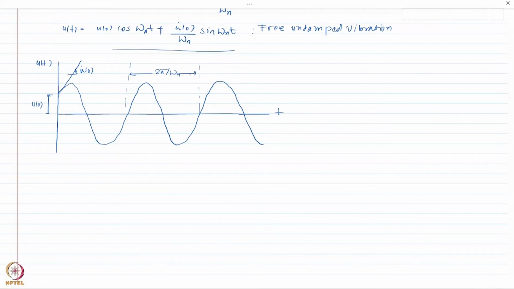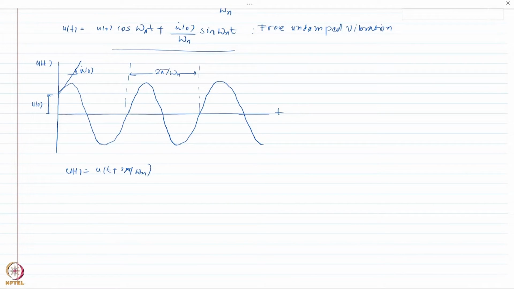You can prove that by finding the value of u of t at time equal to t, as well as at t plus 2 pi by omega n, and you can prove that the values are still the same.